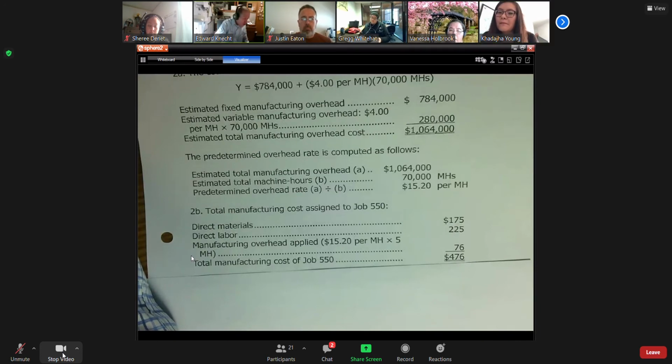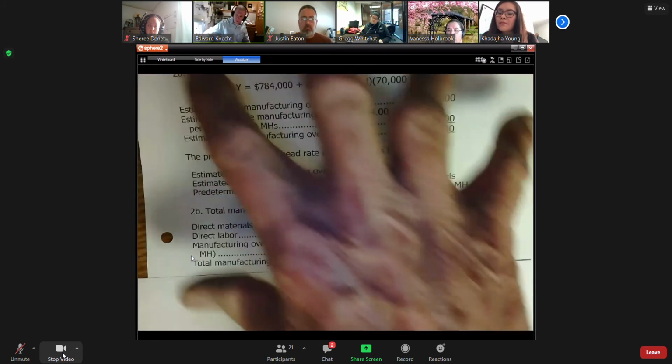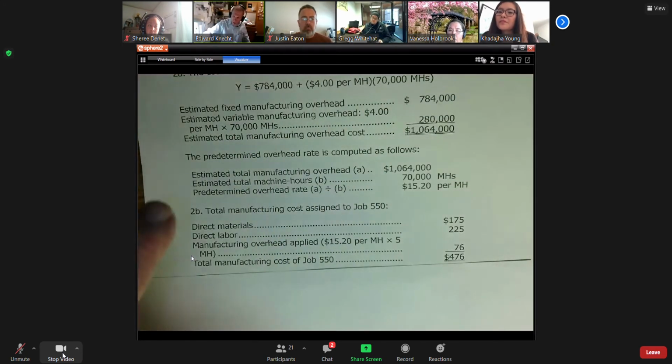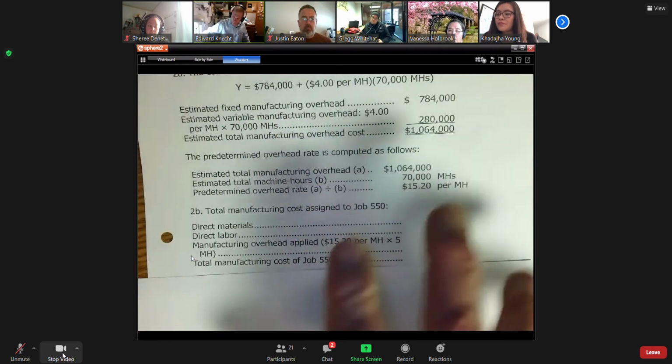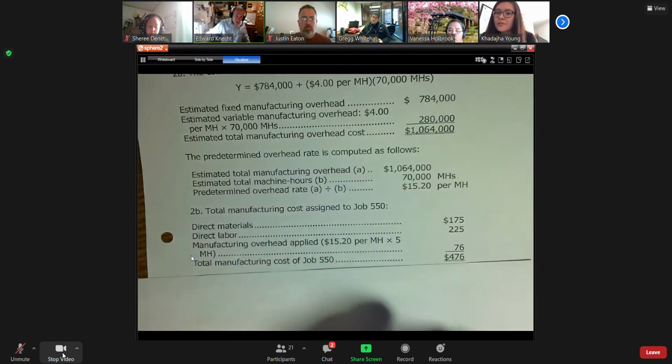It makes it easier. If you have a bunch of numbers down, it takes me a long time to look over everything. But if you're answering the question, compute the total manufacturing overhead cost for job 550, and I see a double underline, that's right.